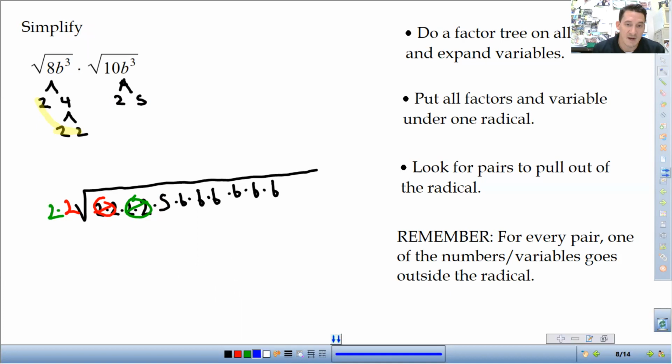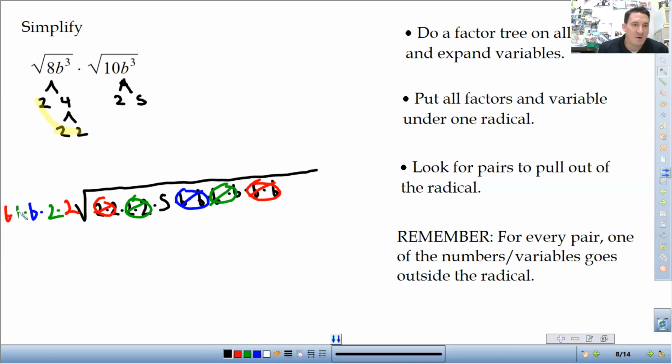And then I'm going to have a lot of b's. Pair of b's, one on the outside, cross it out. Pair of b's, one on the outside, cross it out. And then one last pair of b's, one on the outside, cross it out.